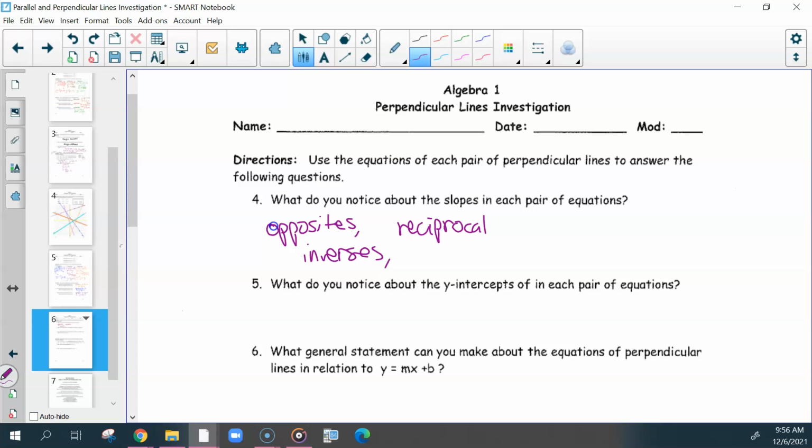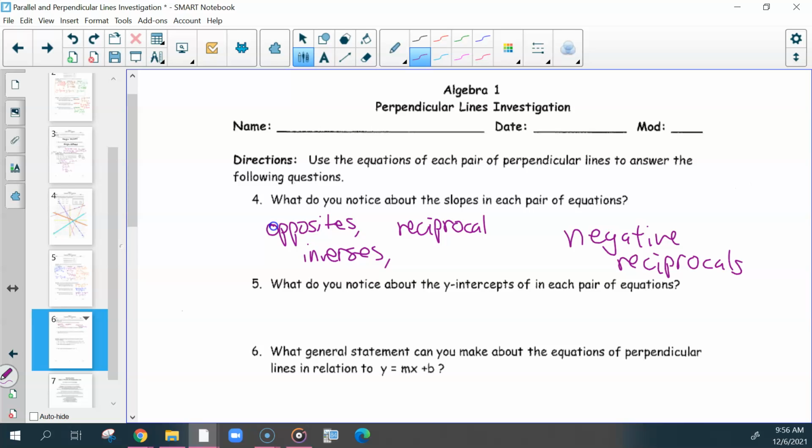Perpendicular slopes have negative reciprocals, is really how we describe them. Because one is positive, one is negative, and they take the number and they flip it. And then what about the y-intercepts? It doesn't matter. They can be the same, they can be different.